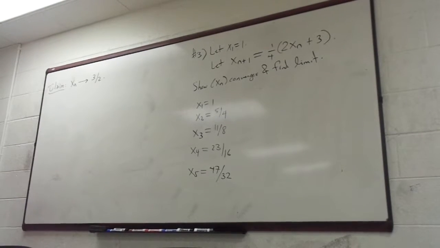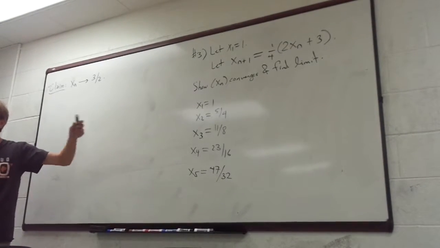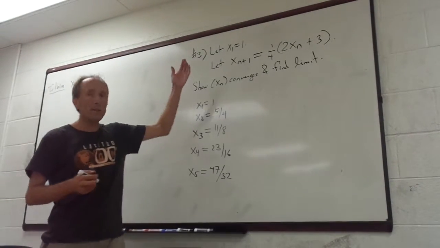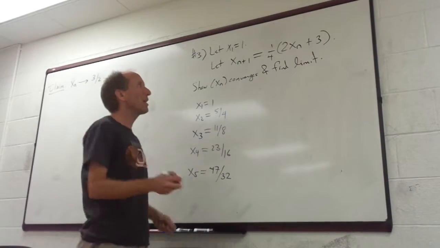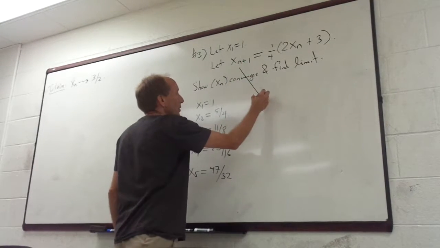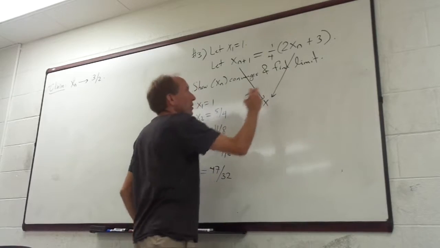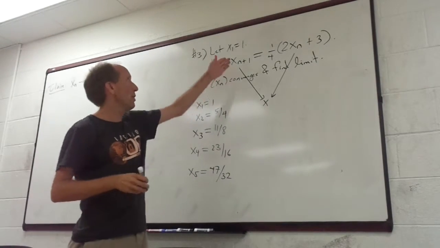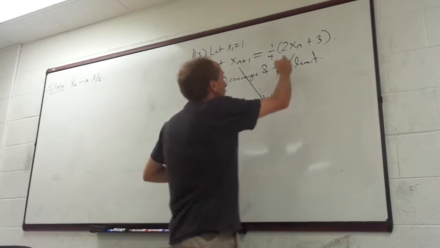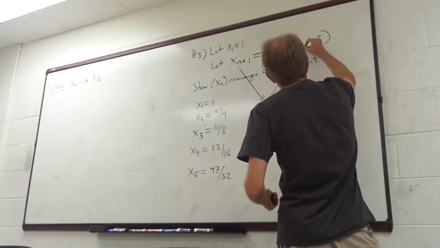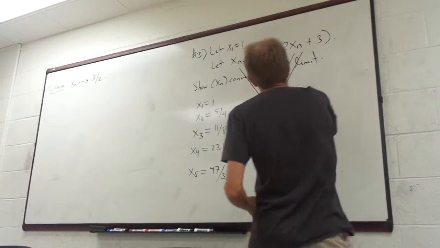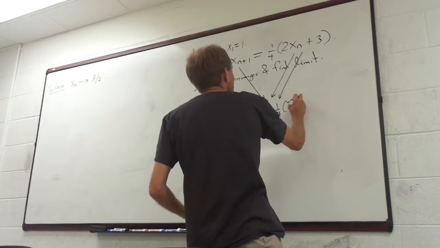Okay, it seems reasonable. By the way, the other way to figure out what it's converging to, if you didn't see a pattern with the numbers, is to say, well, we're going to prove that this does converge to something. Let's call it x. So if it converges to x, then everything's converging to x. So xn plus 1 converges to x, but this is also converging to 1/4 of 2x plus 3, right?